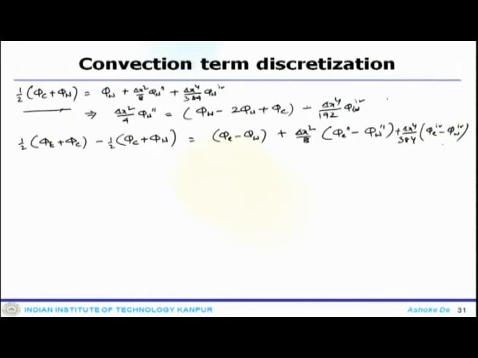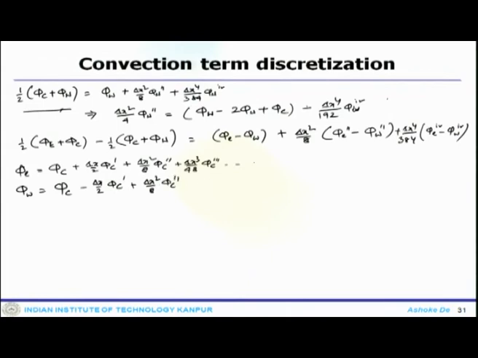Now, one can expand this small phi e in terms of phi c, which is also like this: phi c double prime, cube by 48 phi c triple prime and so on. So, one can represent that phi c minus del x by 2 phi c prime plus del x square by 8 phi c double prime and so on.